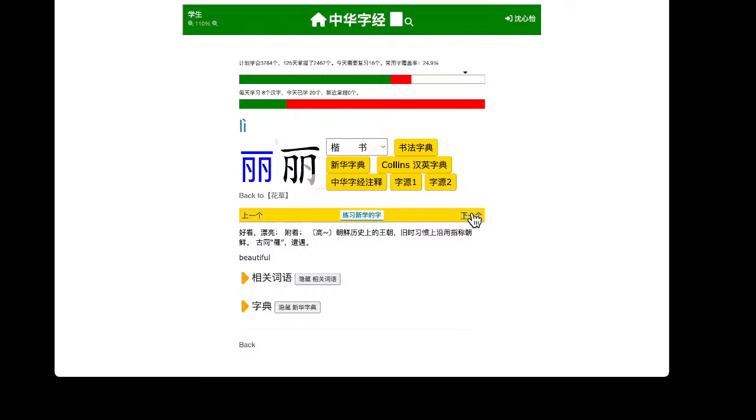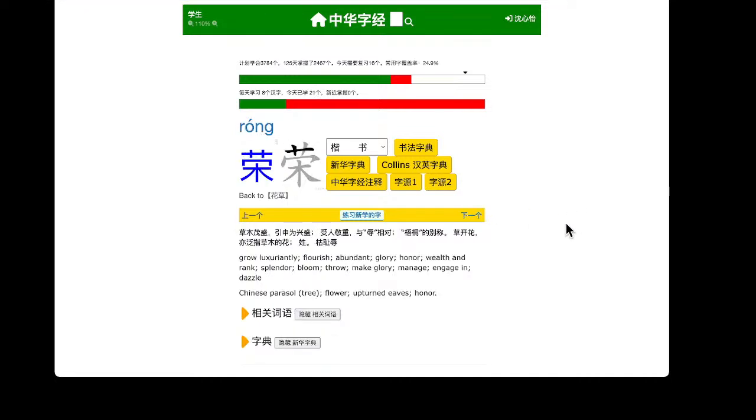Li. And now this one is also super popular in girls' names. Rong. Rong means blossom, 草木茂盛, which means flowers and grasses grow very well.